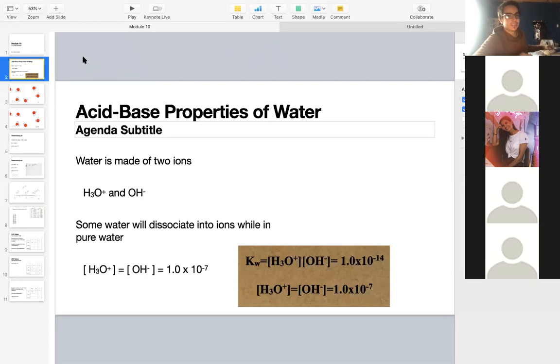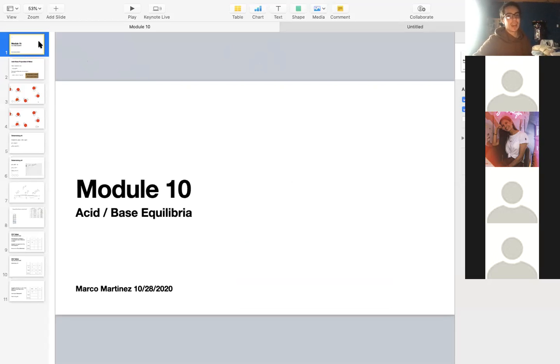So module 10 talks about acid-base equilibria. So equilibrium when talking about acid and base reactions. On page 242, at the top of the page, it gives us some formulas that we need to know. And it's a bunch of different formulas.